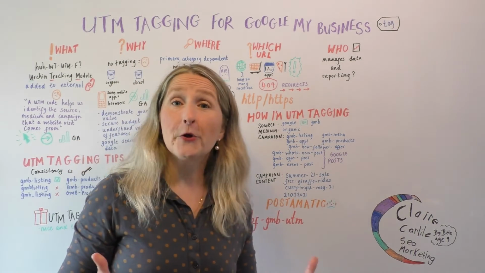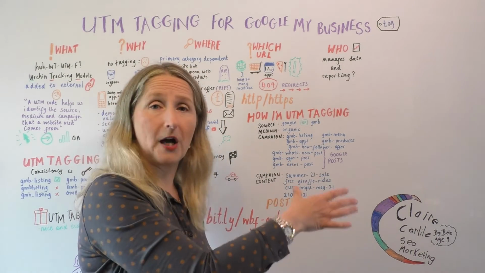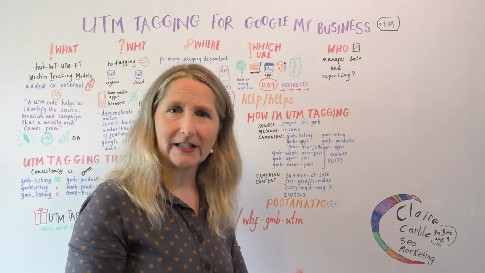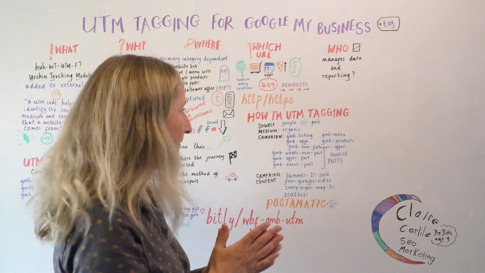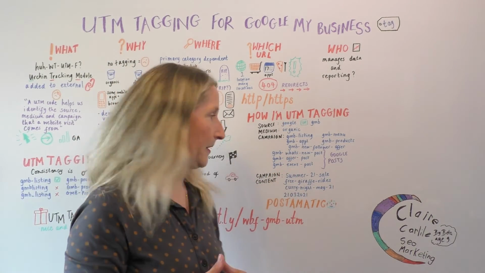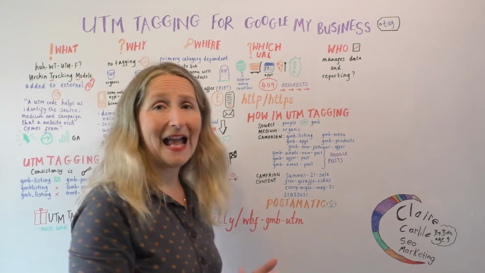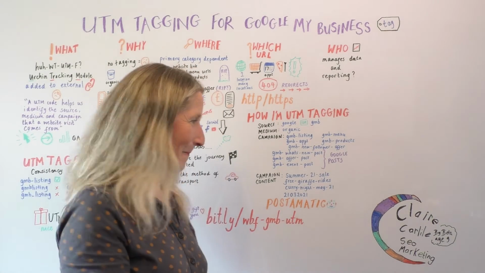And then with Google Posts, I like to be a little bit more granular so I can see what type of posts might be working the best. And I can also track any changes when Google starts moving posts up and around inside the business profile. So we've got the What's New post, the offer post, and the event post. And finally, for Google Posts, using the campaign content field to describe the actual content of that post.